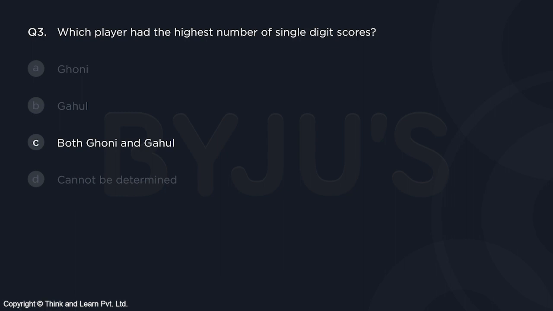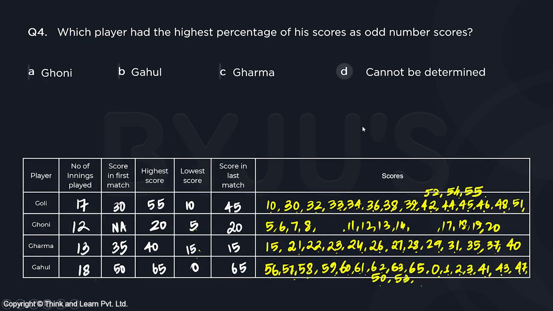Both Ghoni and Gahul. Question number 4. Which player had the highest percentage of his scores as odd number scores? So let's calculate for Ghoni. The odd numbers we have are 5, 7, 11, 13, 17 and 19. So that is 6 out of 12, which is 50%. Let's look at Gahul.